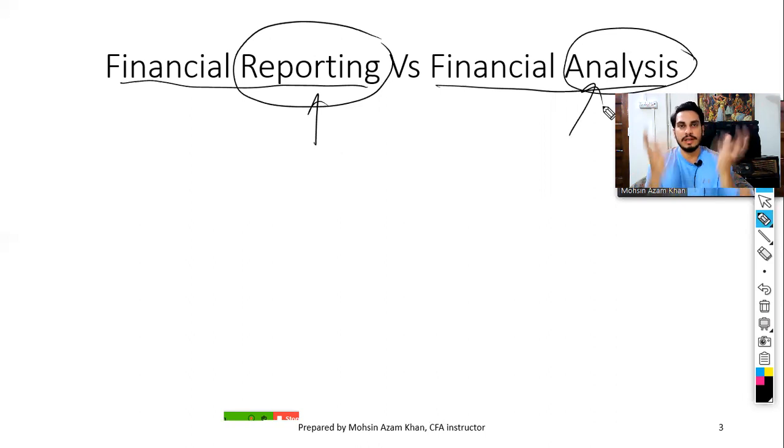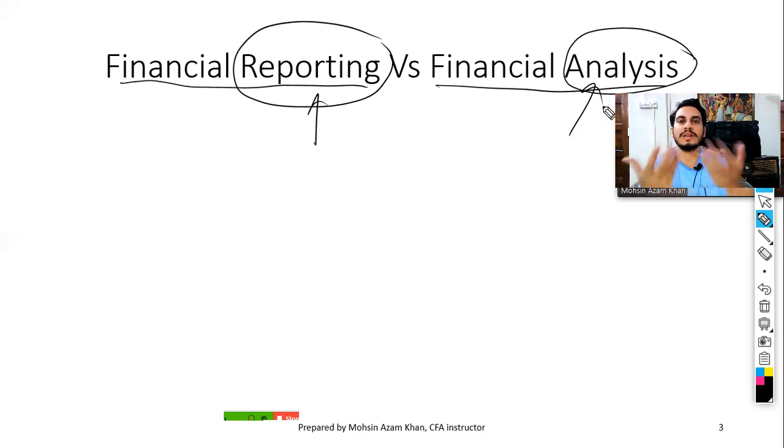Obviously, let's understand the word reporting. Let's forget about the financial topic right now. Suppose currently coronavirus has spread in the entire world. Reporting means, suppose you want to know how many cases have been reported in Germany.